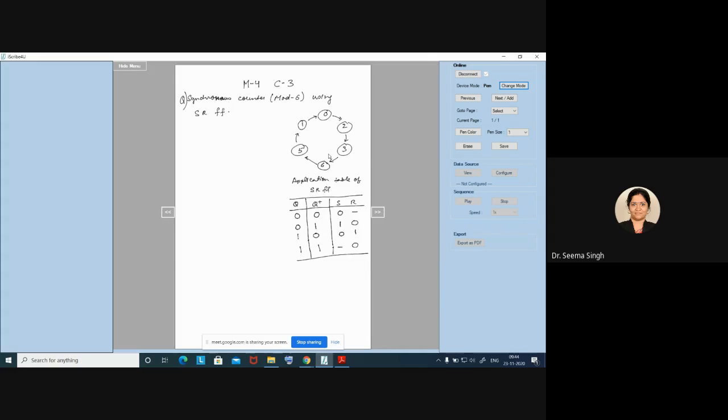Okay, I need a lengthier space, so I will use the bottom of the page now. We have to see the present state, then the next state, then how many flip-flops are required.